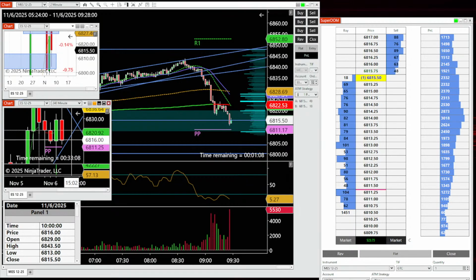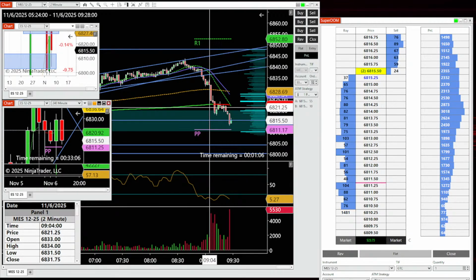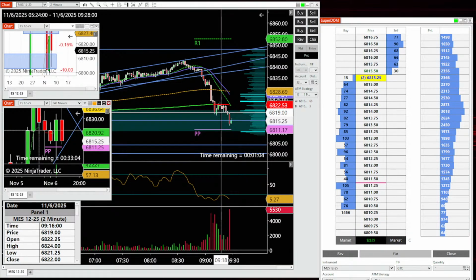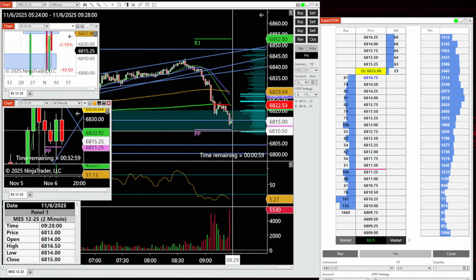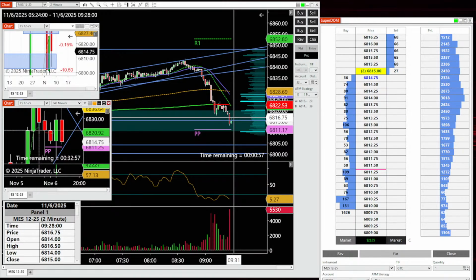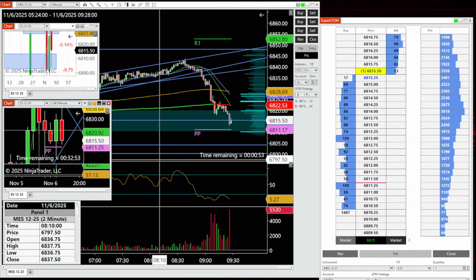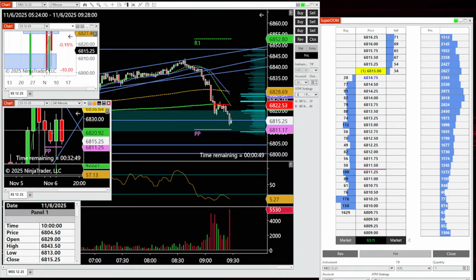If I had 2 contracts, I can get out of 1 position here and keep a stop here and trail it. If this keeps going, I can trail the second position down and lock in some gains. And plus the market is about to open. 3 minutes and we got the market about to open.